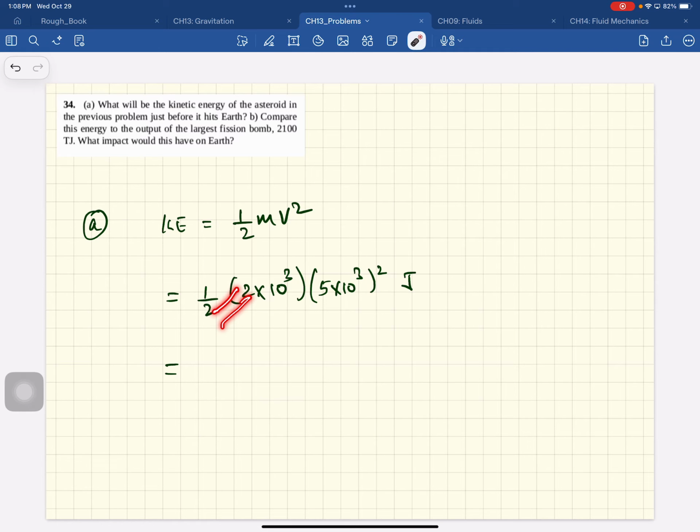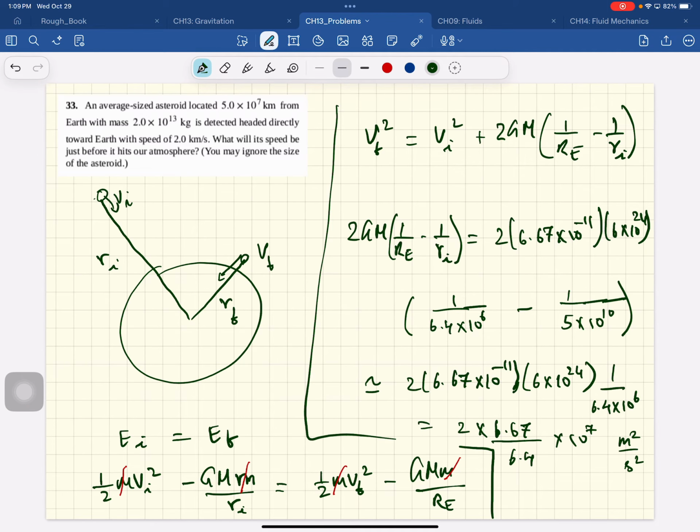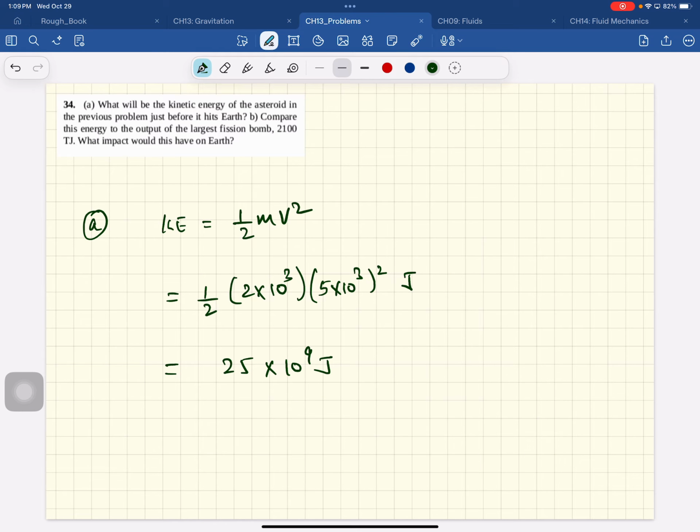That half kills that, so 25 times 10 to the 9. I don't know, these numbers don't make sense anyway. So this is how much energy they have.